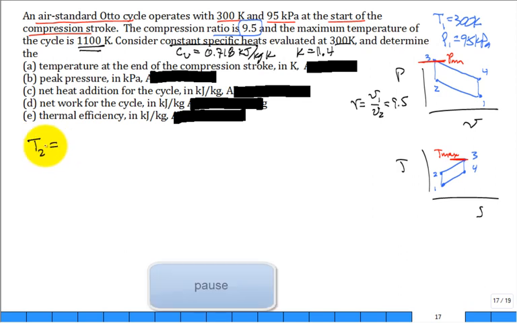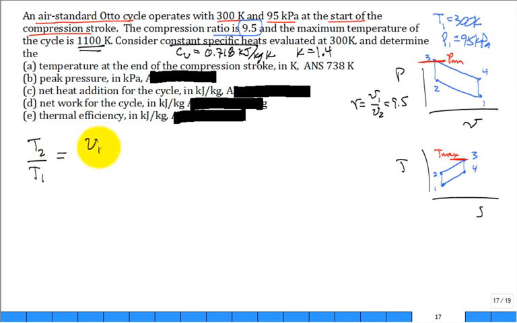Let me pause. I want to walk around. All right, so a lot of us were able to calculate 738. We got it from the equation that T1, let me write it as this, T1 over T2 is equal to V1 over V2. Hey, that's my compression ratio, isn't it? Yeah, it's my compression ratio, raised to the power K minus 1.